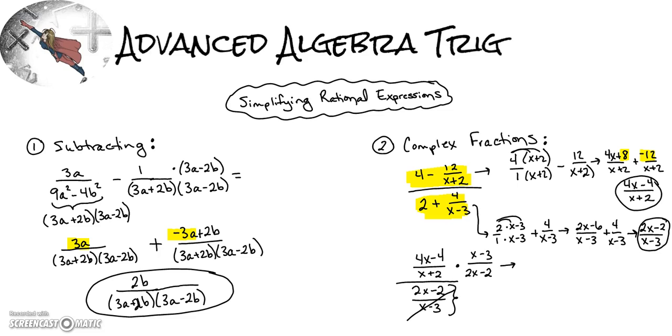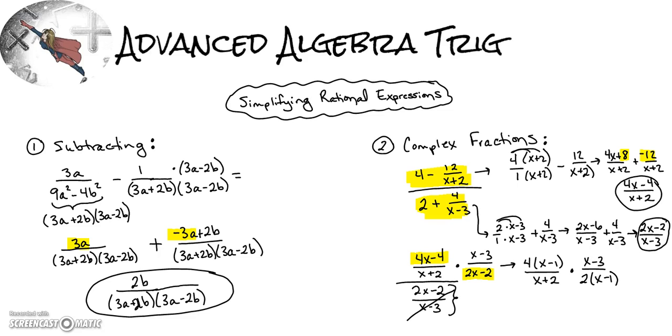So 4x minus 4 right here, I can take a 4 out. So that's going to become 4 times x minus 1, over x plus 2, which doesn't factor, times x minus 3. And then this 2x minus 2 right here, I can take a 2 out, which gives me x minus 1.